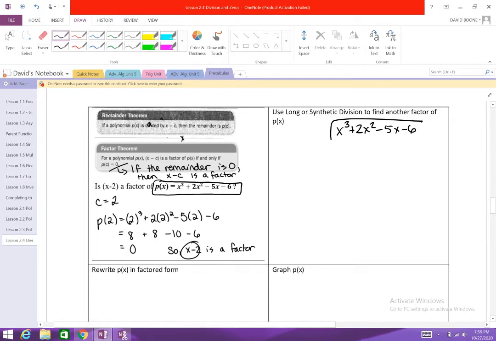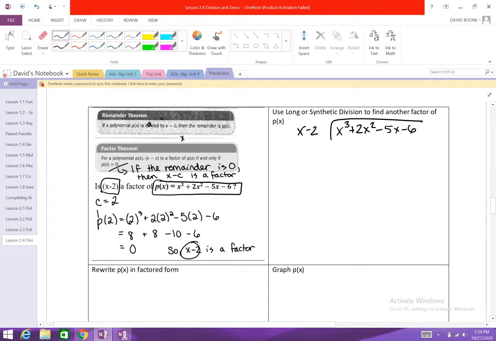So what we're looking to see is if this is a factor. In other words, if a polynomial p of x is divided by some x minus c, they're telling me that the remainder, when we divide this all out, is really just p of c.